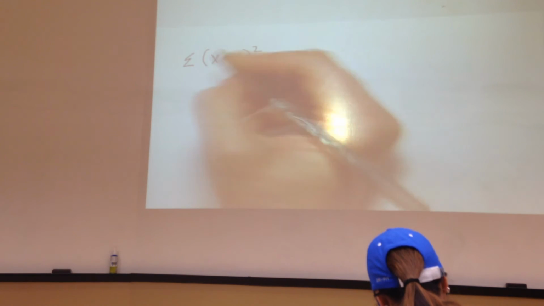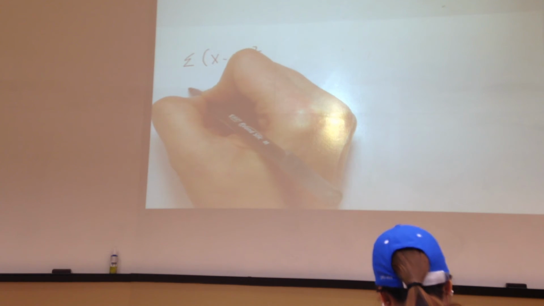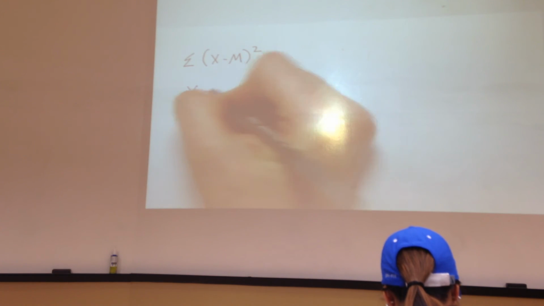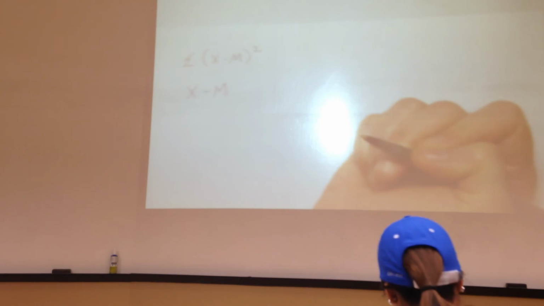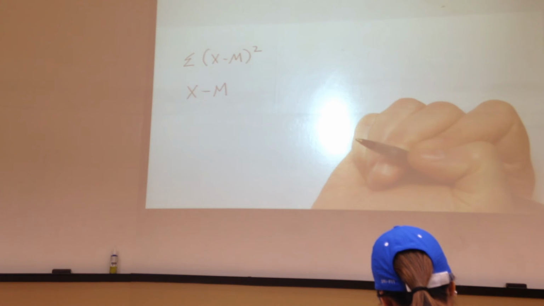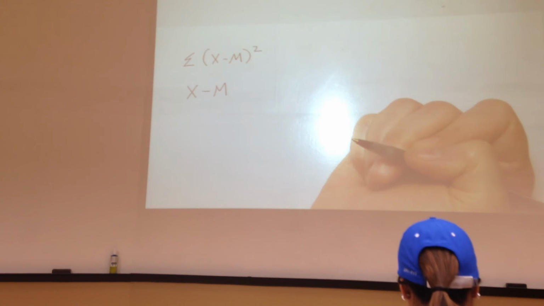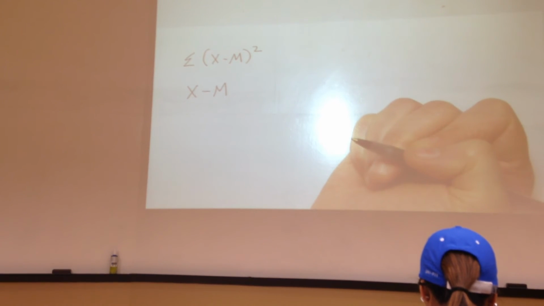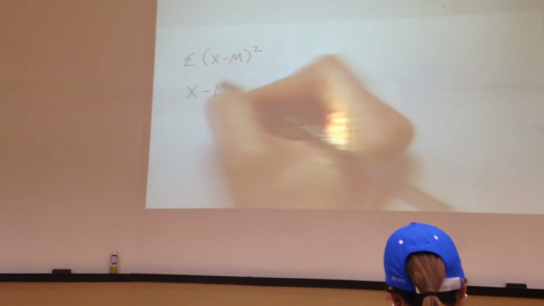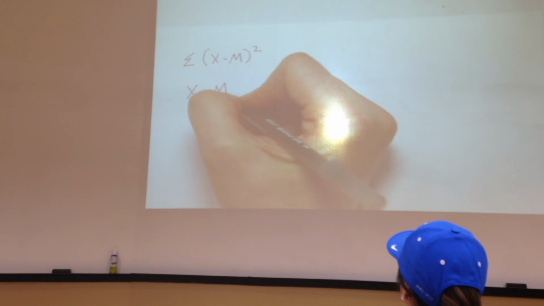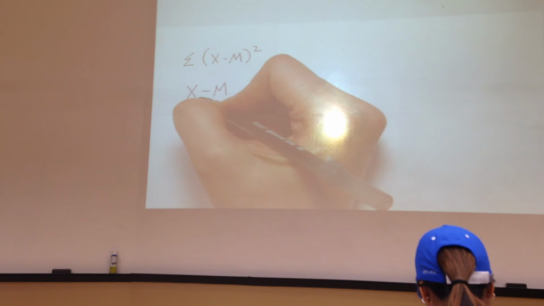A deviation is when you take a score and you see how far away it is from the mean for the sample that you got it from. That's a deviation. How far does it deviate from the mean for the group? And you do that by subtracting the mean from that score.